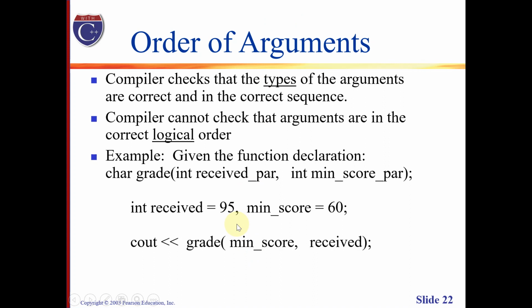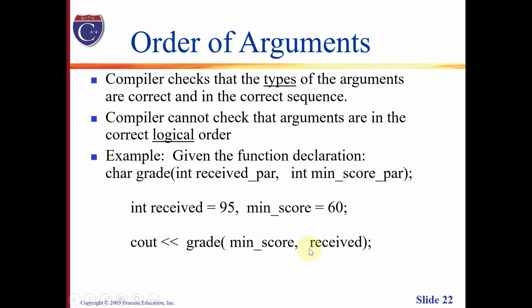As you can see here, this function call is actually correct, in the sense that it does not violate any C++ syntax. But if you look closer, they are actually in the wrong order. This argument is actually referring to the value that will be passed into this formal parameter.